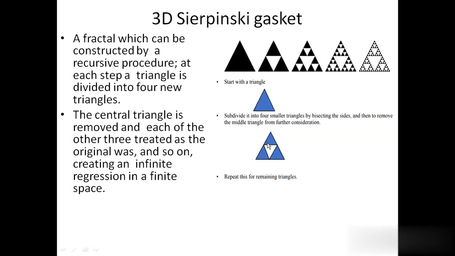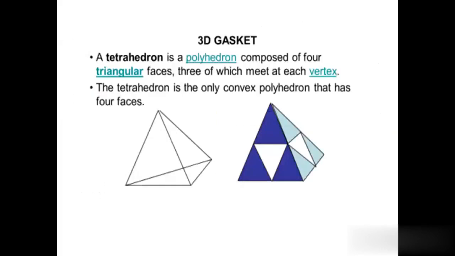It means the central triangle is removed and each of the other 3 is treated as the original was, and so on, creating an infinite regression in a finite space. So it will have a lot of triangles, it will be infinite steps. So you can see the last, 5th image of this.